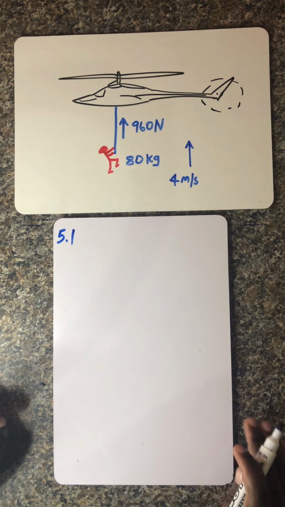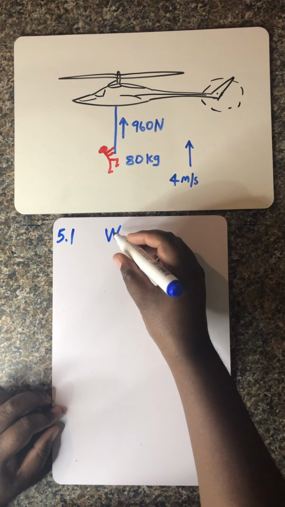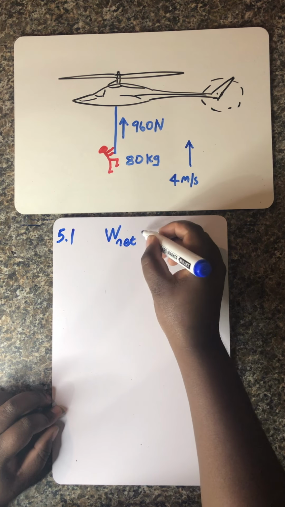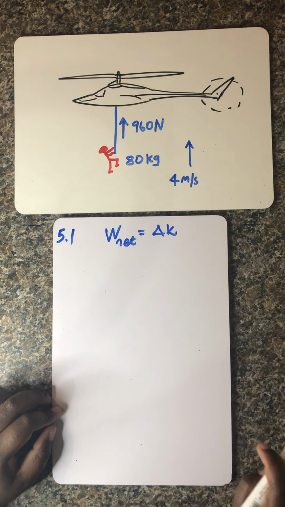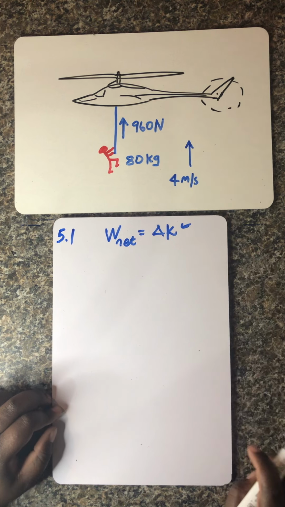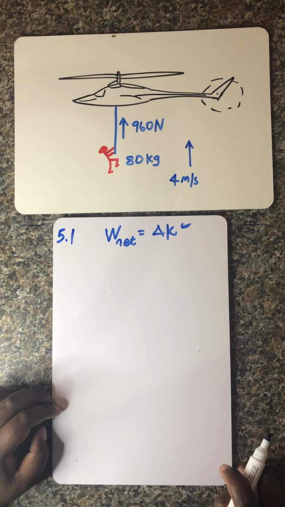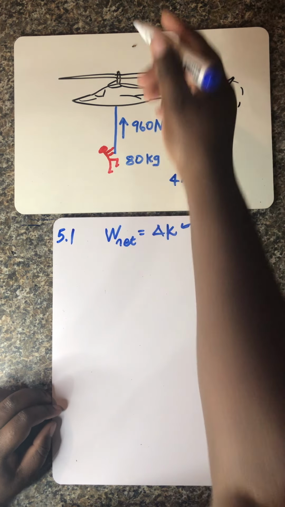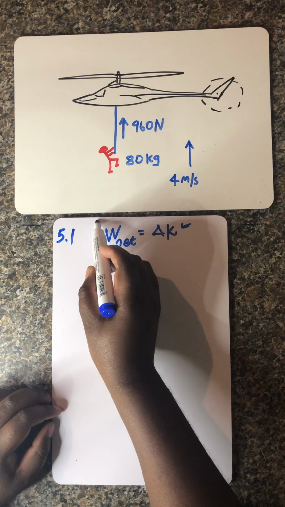You remember, ladies and gentlemen, we've got a formula which says net work is equal to change in K, or delta K, which we know refers to the kinetic energy. So ladies and gentlemen, I know I'm dealing with this chapter of work, energy and power.